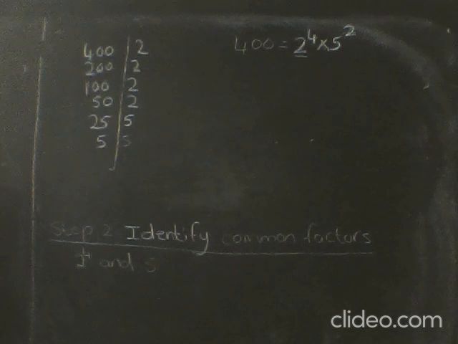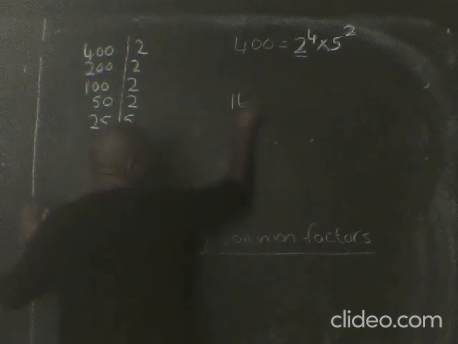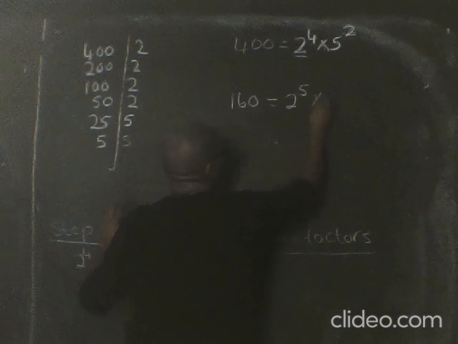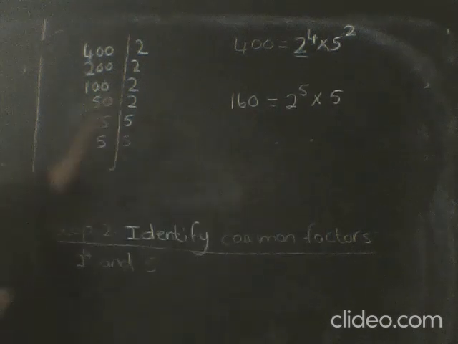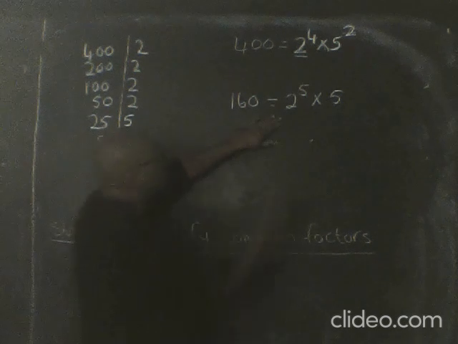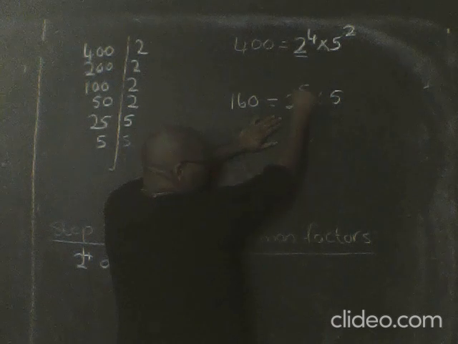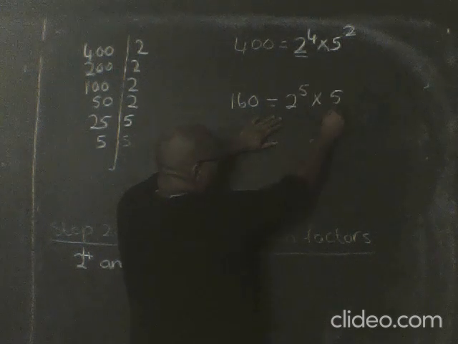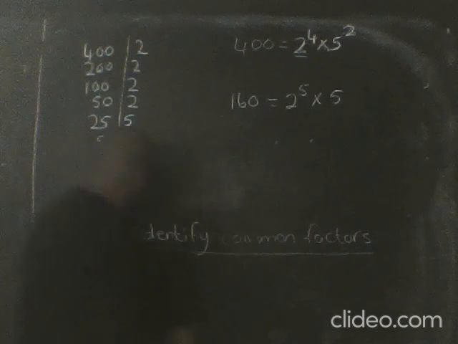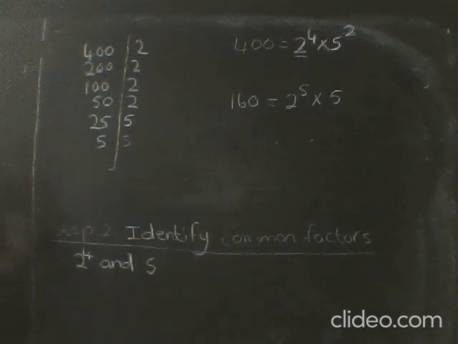So we can comfortably take out 2 to the power of 4 from both of them, and 5. So our common factors are 2 to the power of 4 and 5.